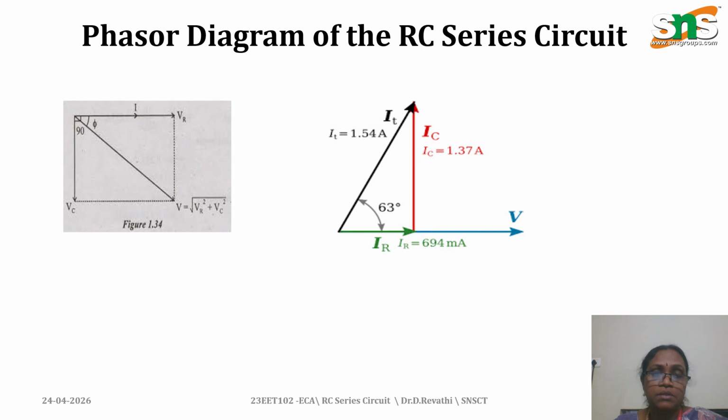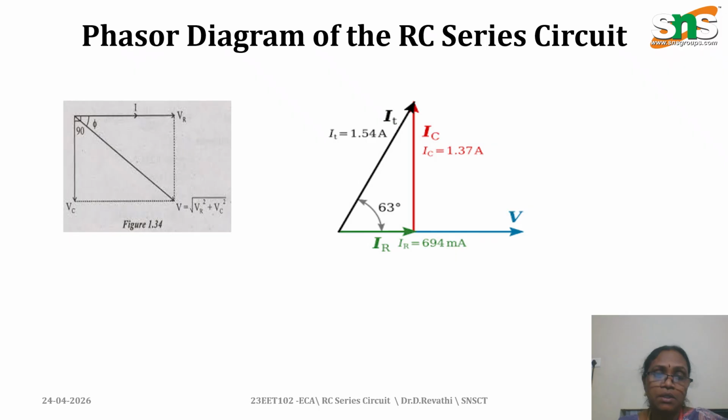The next is the phasor diagram of the RC series circuit. Here we are considering the voltage as reference. The current is in phase with the voltage across the resistance, so IR, and the current leads the voltage by 90 degrees. Adding these two, we get the total voltage.